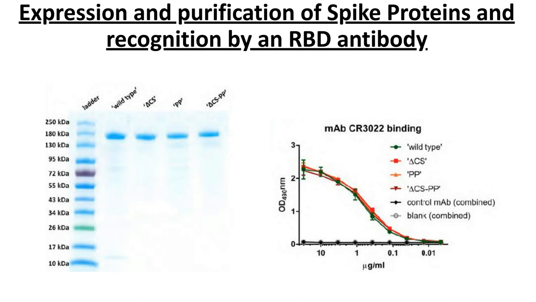The one with only two prolines, the orange-yellow one, induced a little bit less, and the one that has the two modifications induced very good levels of antibodies also. So it looks like the cleavage site elimination contributed to higher induction of antibodies. These are antibodies that bind to the receptor binding site of the protein, measured in an ELISA assay. And when we look at post-boost, we have basically the same results. The ones that are giving higher levels of antibodies after boosting are also the ones that have the cleavage site removed from the spike protein.